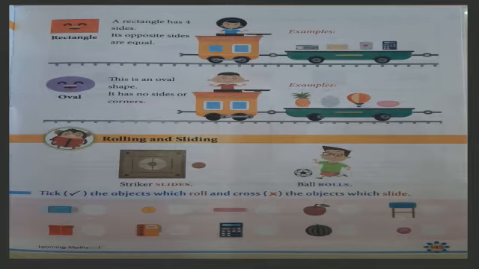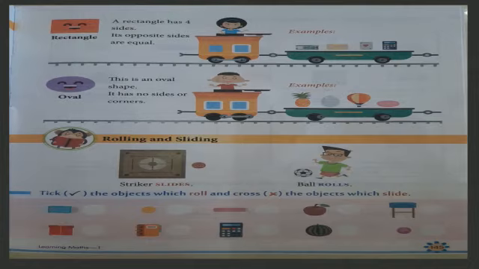Okay, understood the properties of rectangle and oval also? Very good. Yes, so let's learn one more interesting topic, that is rolling and sliding. Yes, so what is meant by rolling and what is meant by sliding? The objects that are flat slide on the plane surface.